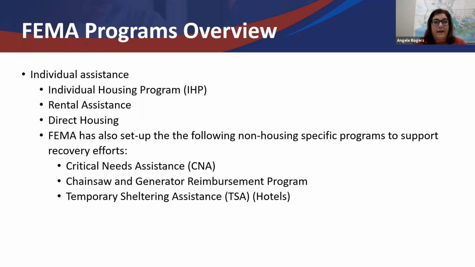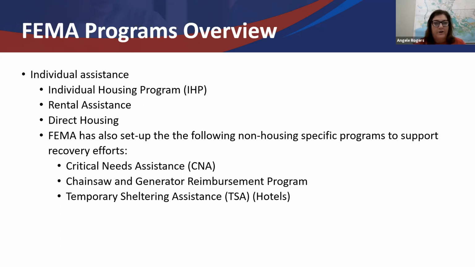For those survivors that have insurance, whether homeowners insurance or flood insurance, that's their first go-to, is to go through their insurance company. If you're underinsured or not insured, this is where FEMA programs come into play. Our programs are grant programs and are not income dependent. What they're dependent upon are the damages to your home.